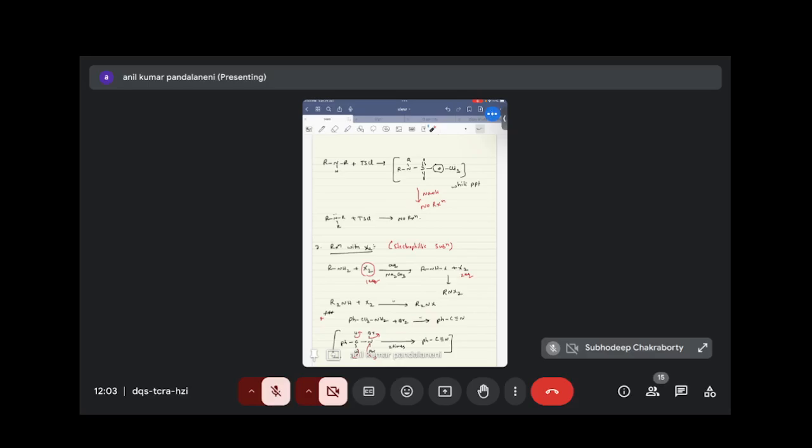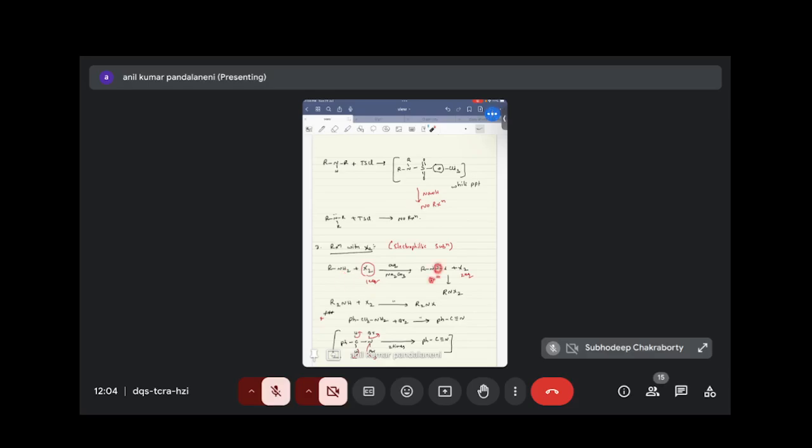Yes, sir. Sir, the first reaction here, RNH2 plus X2. From the second part to the third part, two equivalents will give two substitutions. First, electrophilic substitution: one H plus is substituted by Br plus.